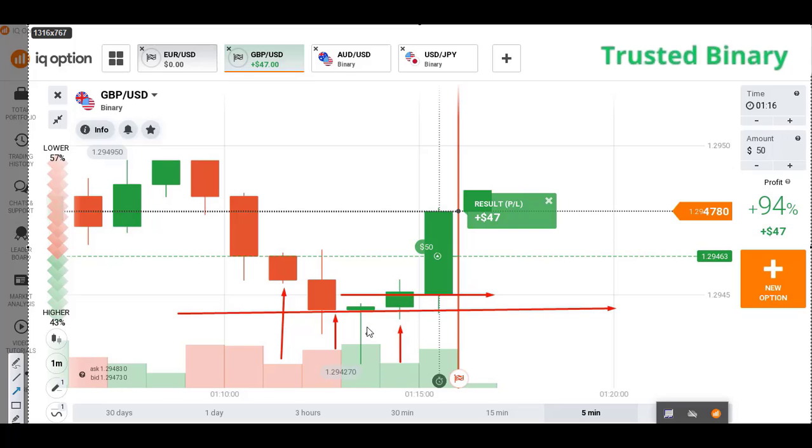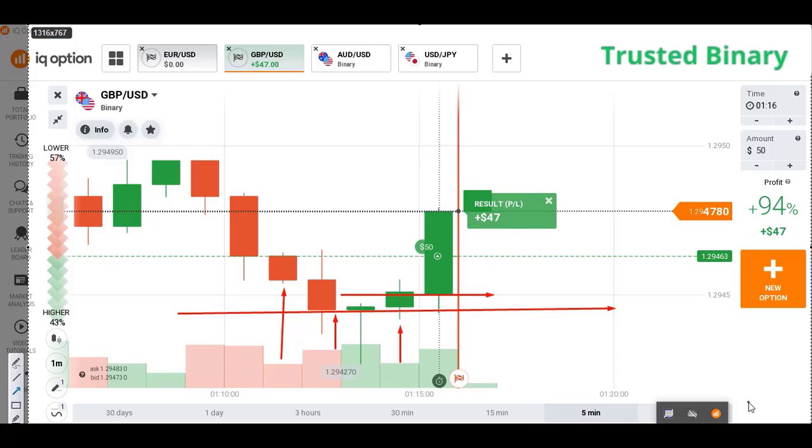Between two candles, this candle's volume is obviously higher than this candle's volume, but the volume didn't increase here. So volume analysis suggests the next candle strongly goes up, and this is my winning trade. This is the actual trick of volume analysis.